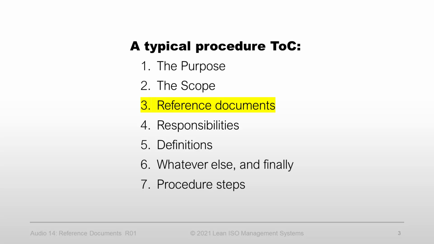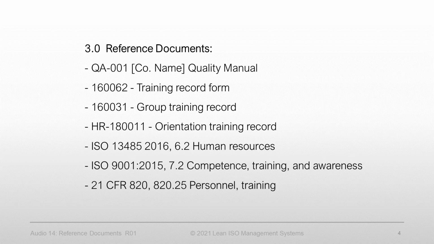Let's take a look at the references section. During one of my recent gap assessments, I reviewed a training procedure with a references section that listed several documents: Quality Manual, Training Record Form, Group Training Record, Orientation Training Record, ISO 13485-2016 6.2 Human Resources, ISO 9001-2015 7.2 Competence, Training and Awareness, 21 CFR 820.25 Personnel, Training.